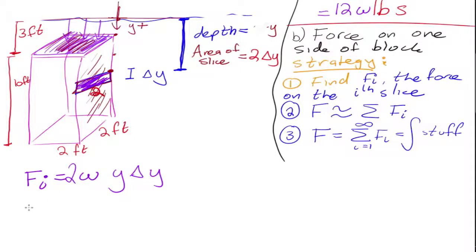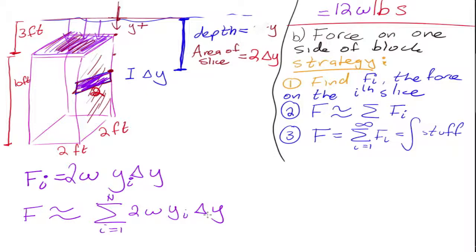Okay, so then if I want to write this as a sum, the force is approximately, sorry, I forgot my little i there. The sum from 1 to n of all of these forces, right? So that's just the force of all the slices, right? And so that's an approximation.